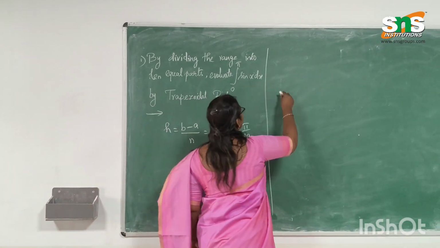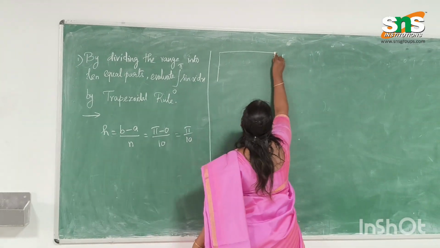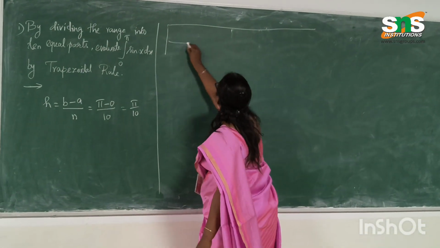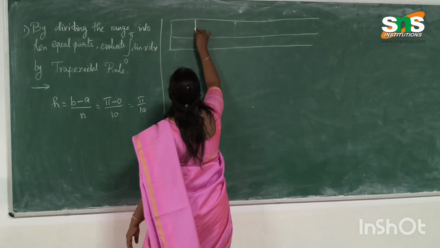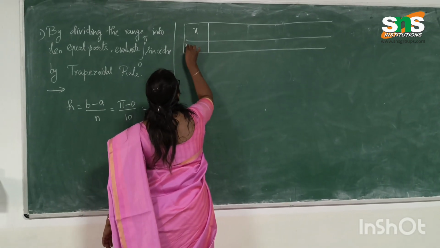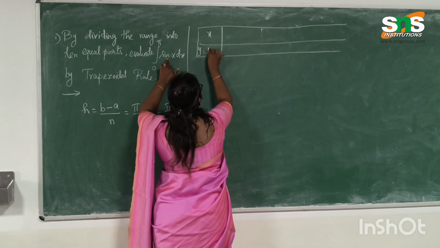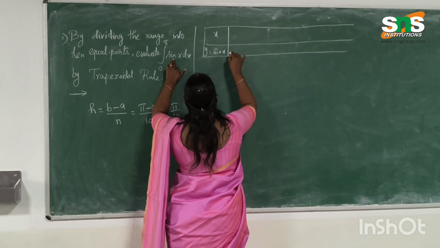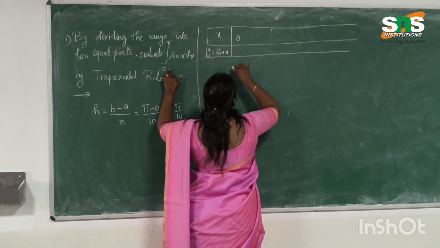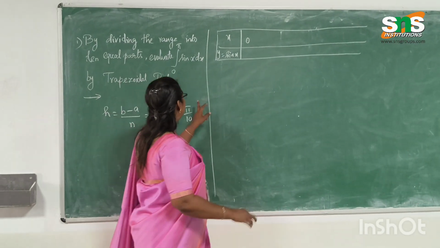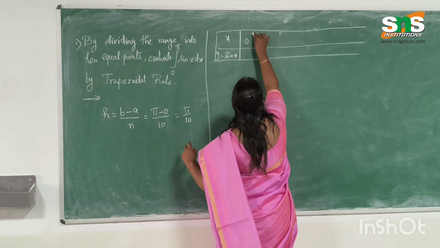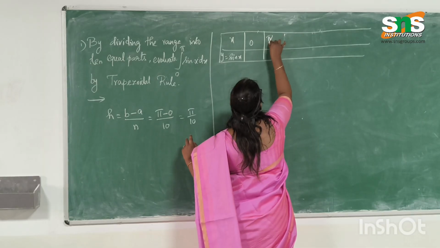So I am going to write x and y, where the function y is sin x. We start with 0, and this range 0 to pi we split into 10 intervals. The first is 0 plus pi by 10, which is pi by 10.